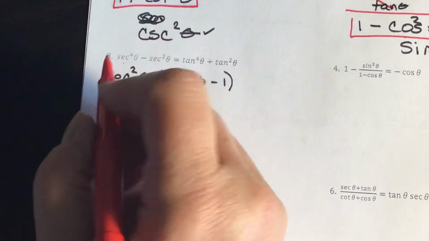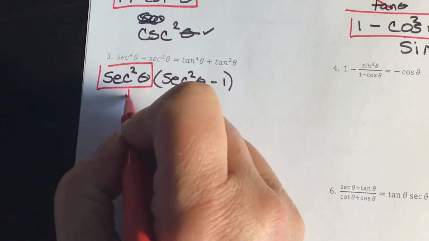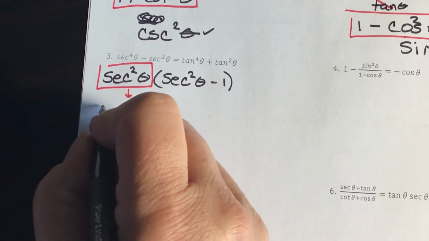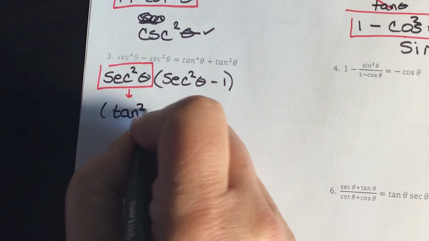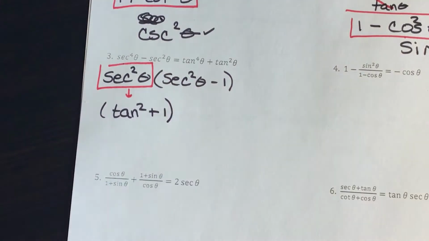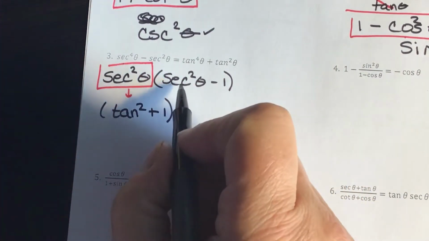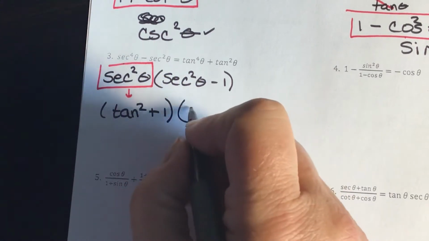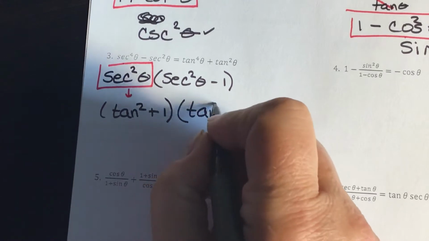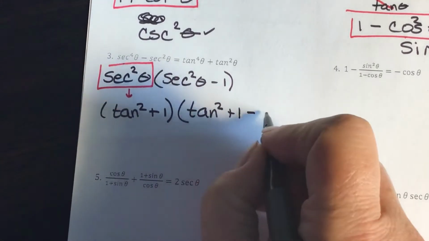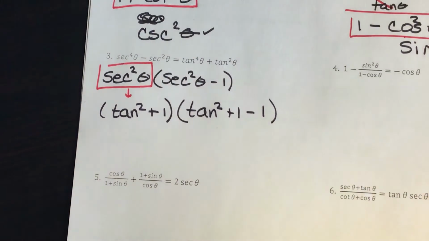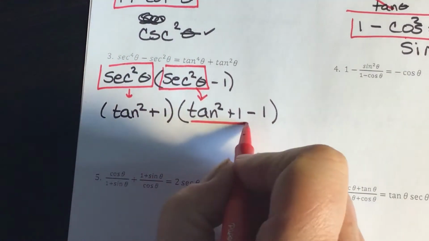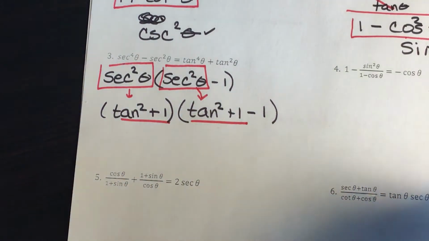Well, secant squared has an identity of tangent squared plus 1. So if I have secant squared here, I'm also going to have a tangent squared plus 1 and then a minus 1. Okay, so I changed both of our secants here to tangent squared plus 1.